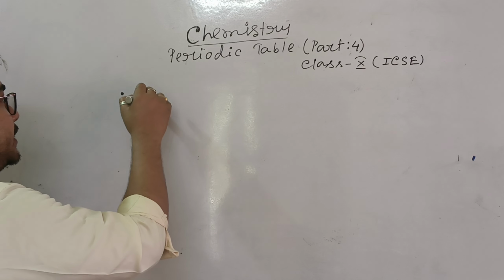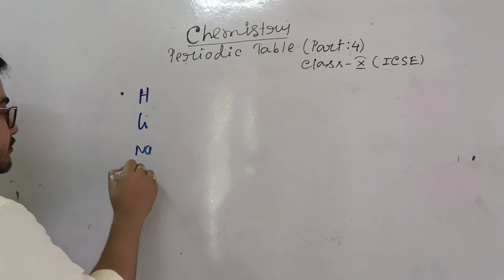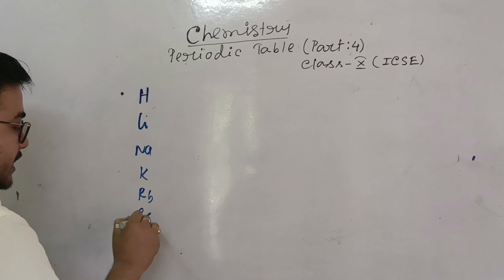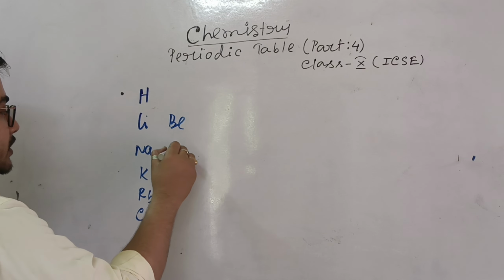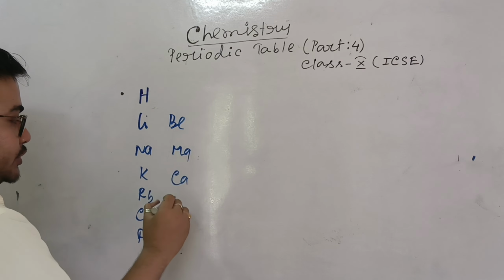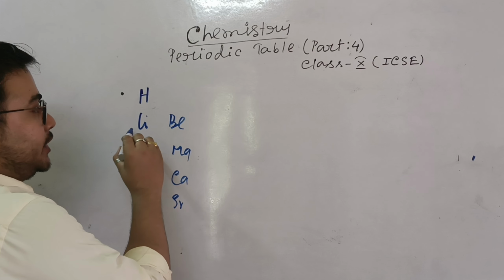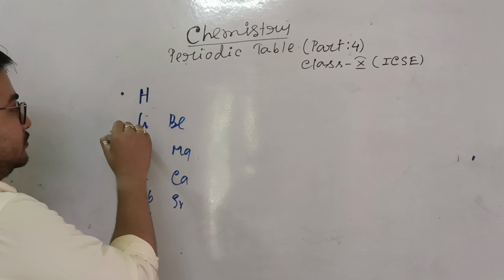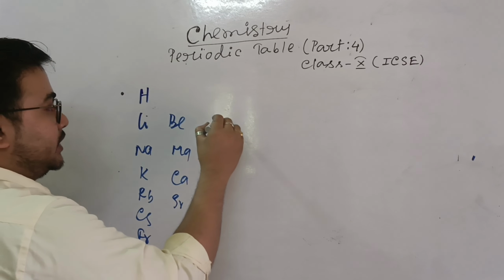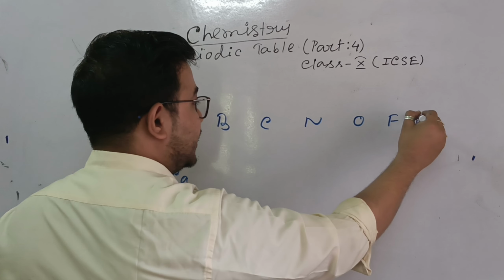The first element of the periodic table is hydrogen. Then hydrogen, lithium, sodium, potassium, rubidium, cesium and francium. Here beryllium, magnesium, calcium, strontium and so on. So many elements are there, but we're going to discuss from left to right: lithium, beryllium, then boron, carbon, nitrogen, oxygen, fluorine, neon.